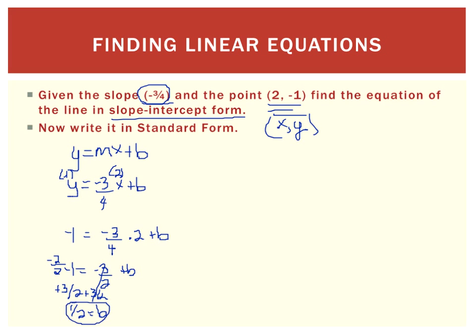So now that I know what b, my y-intercept, is, I can bring that back up to my original to say that slope-intercept form then, the general equation of my line is y equals a negative 3/4 x, there's my slope, plus 1/2, my b value. Okay, so this is slope-intercept.